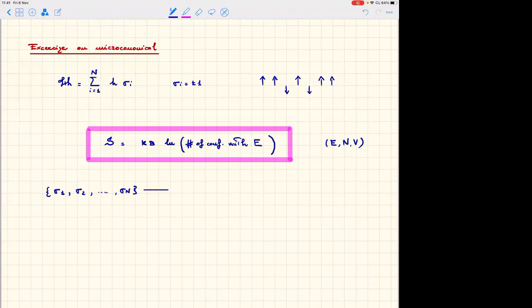Given a phase space point, the energy corresponding to this configuration is given by this formula here. It can be simplified in the following way: this is equal to h times the number of spins pointing up minus the number of spins pointing down. This is my energy.